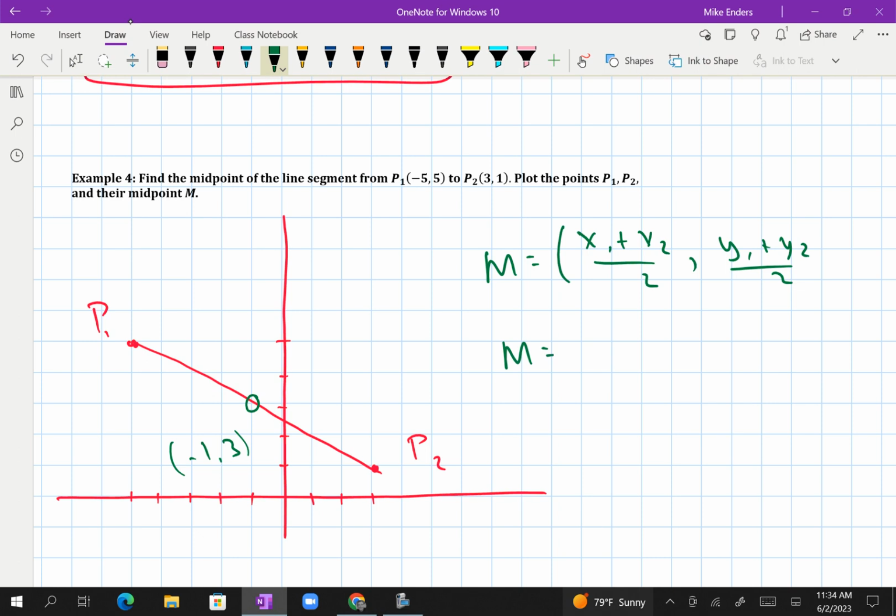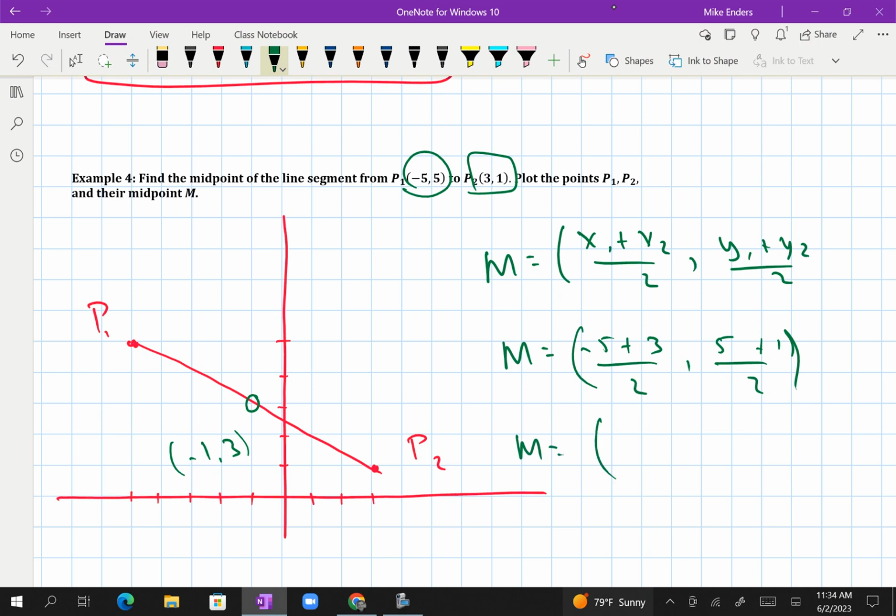So let's see, m equals, we'll let this be our first point, and this one then be our second point. So x1 was negative 5, x2 is 3, divide that by 2. Then y1 was 5, y2 is 1. We'll divide that by 2.